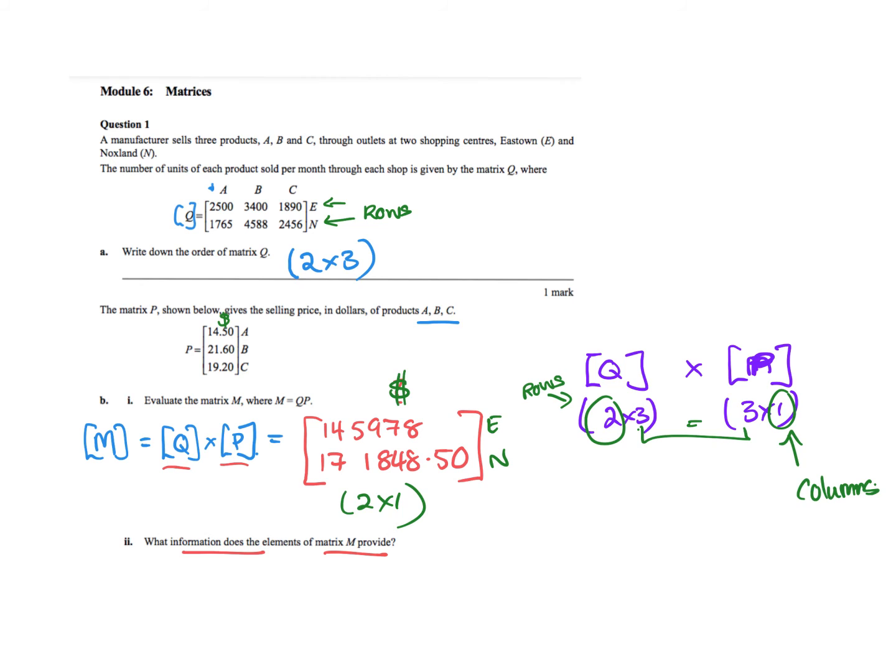So if you do what I just did, go write down what the rows are and what the column represents, then you probably would be able to answer it. So when it says what does the information provide, we're just going to say the total sales for each shopping centre. Okay?